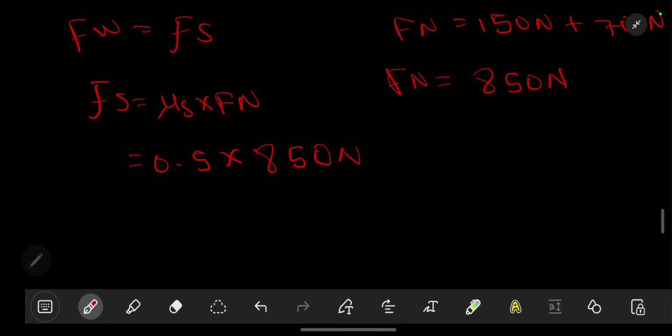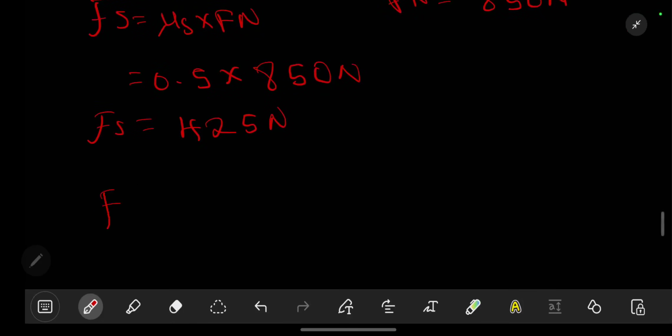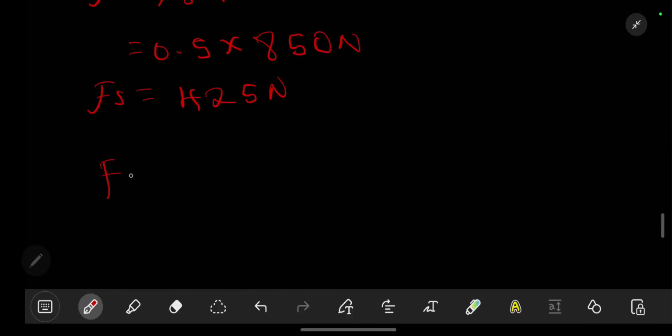When we multiply, 0.5 times 850 gives us 425 newtons. So this will be our frictional force. But remember, we said that the frictional force is equal to the force on the wall, which should be equal to the 425 we have found.